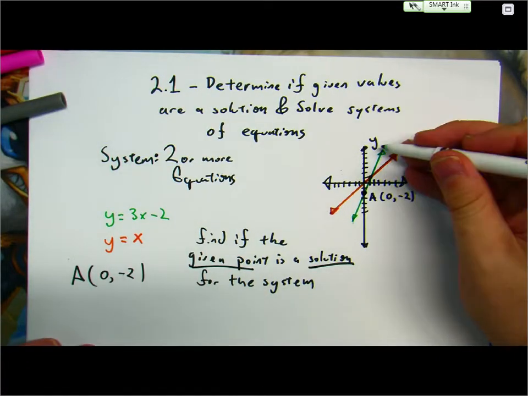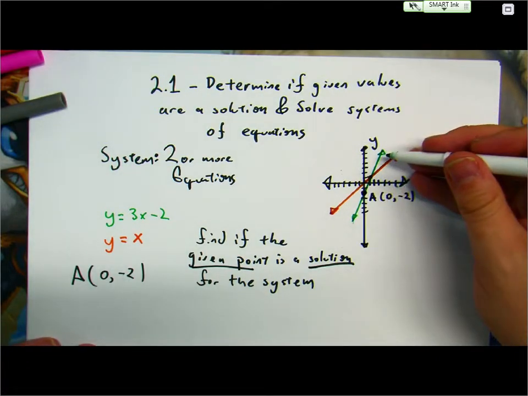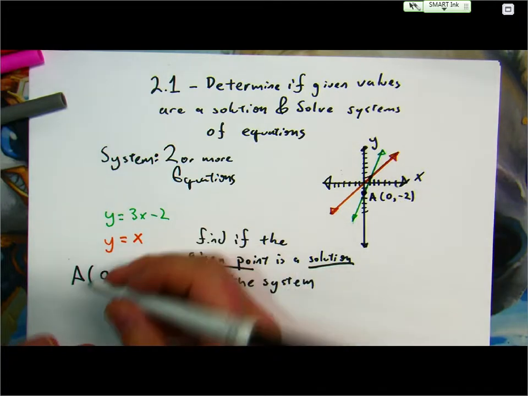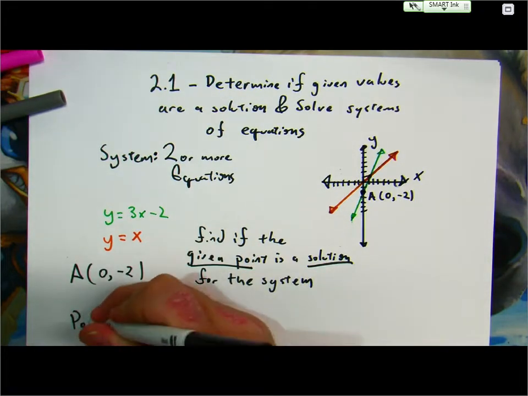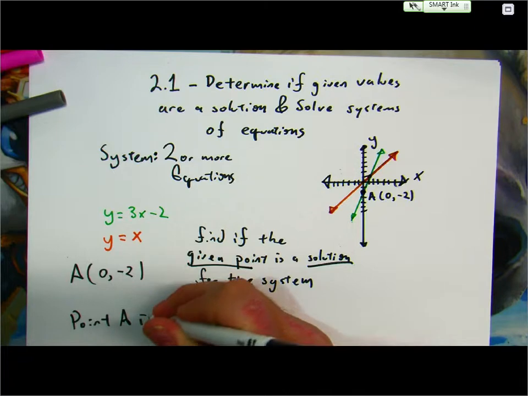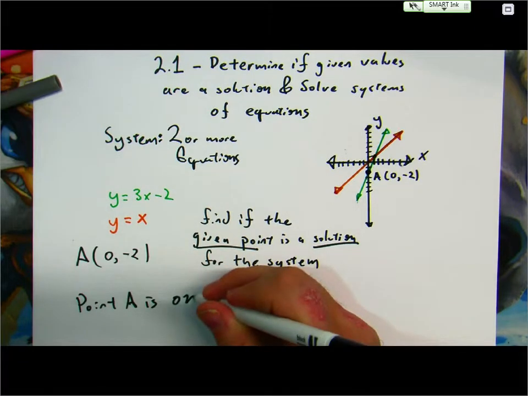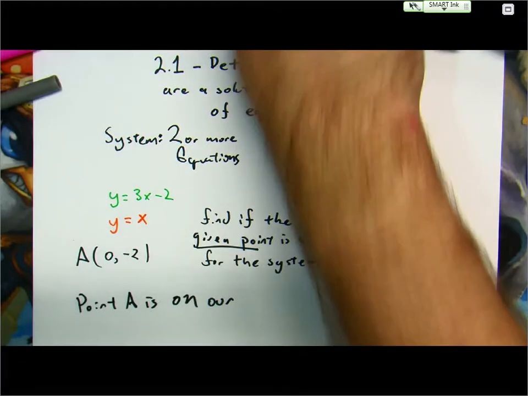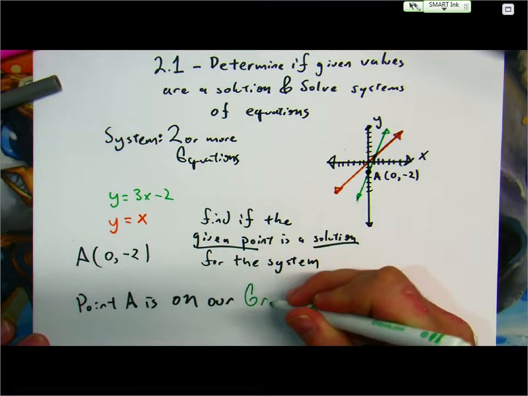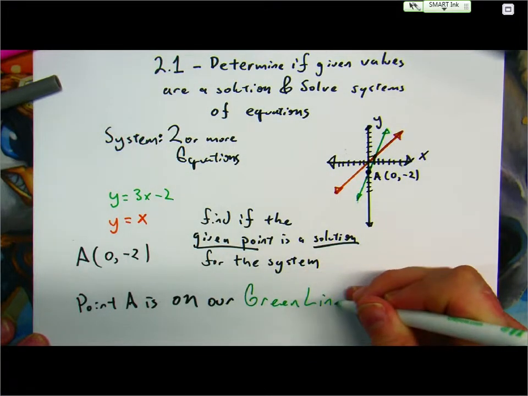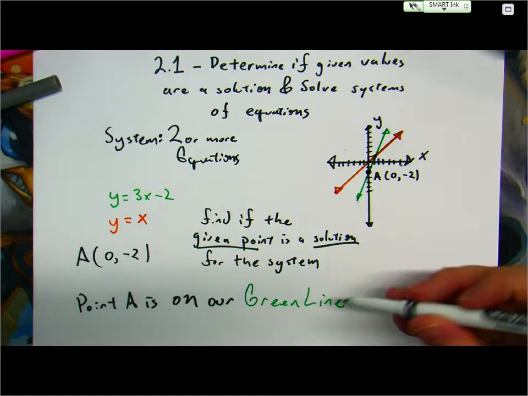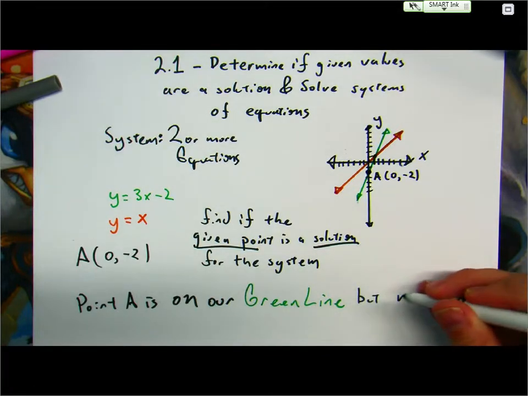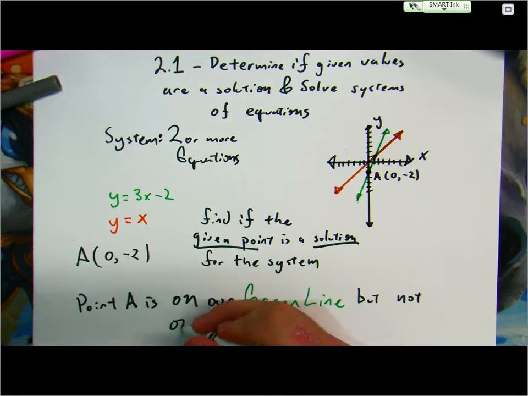It only satisfies one line, right? We can safely say that point A is on our green line, but not on our orange line.